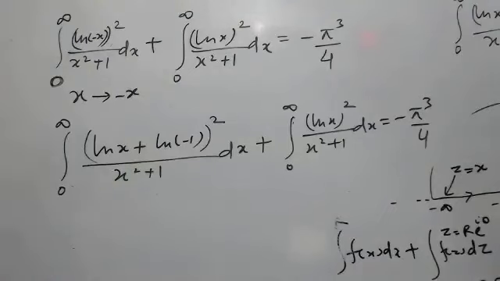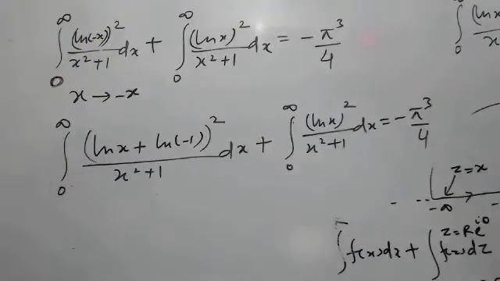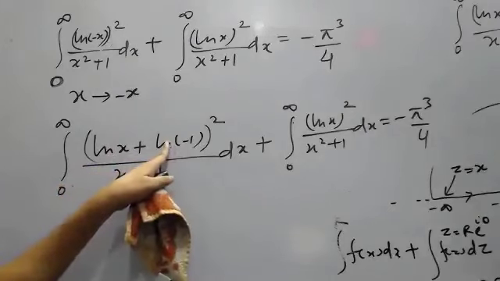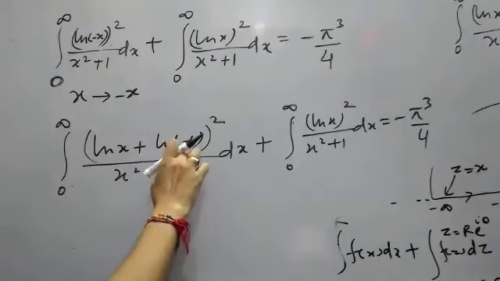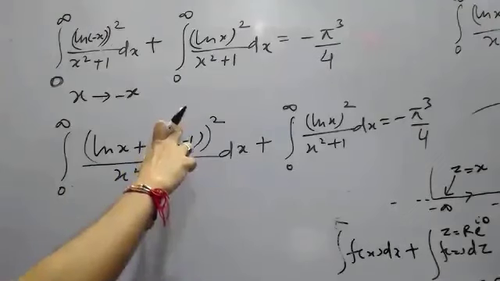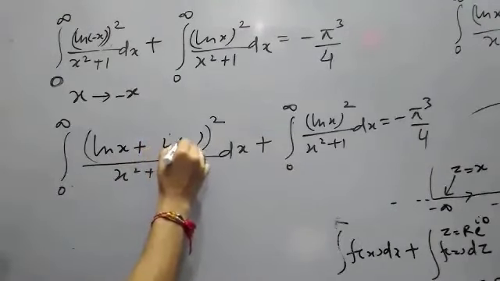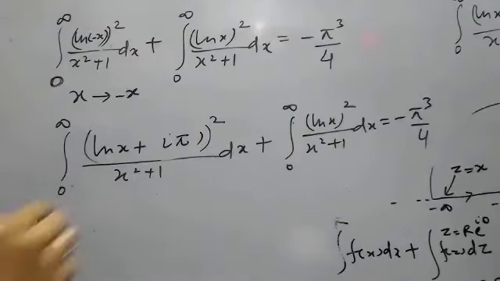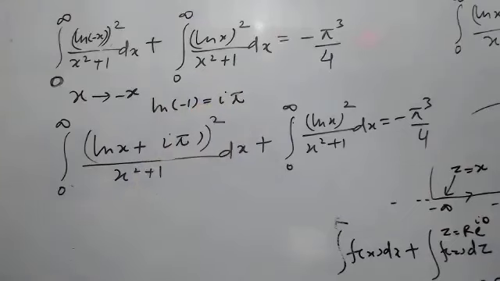Okay, because here it is log of minus x, so that means log of x into 1. And what is log of ab? Log of a plus log of b. अभी देखते रहना सब लोग ध्यान से. Log of minus 1, so minus 1 can be written as e to the power i pi, so it will become i pi. Log of minus 1 will become i pi. Is that clear?